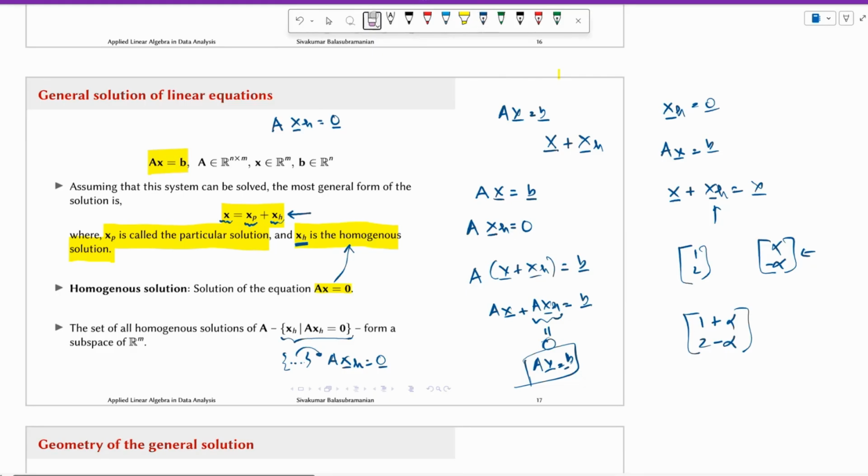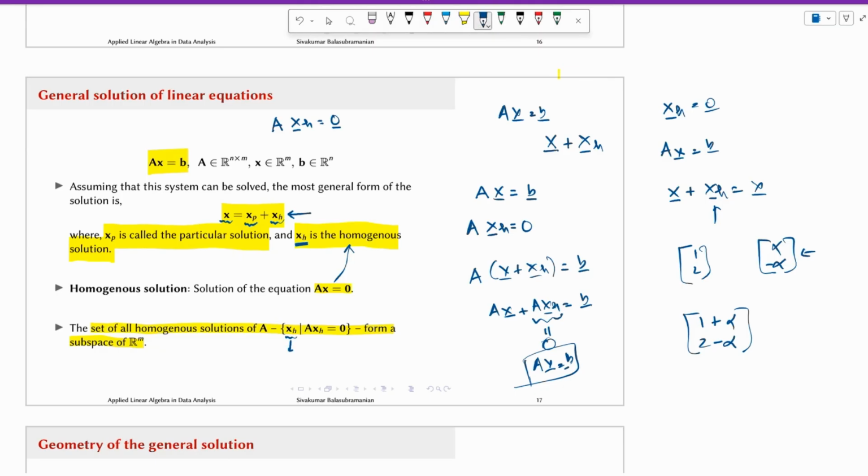Another interesting fact is that this set of all homogeneous solutions of A is actually a special set. It is in fact a subspace of Rm. You'll have to go back and remember what a subspace is.